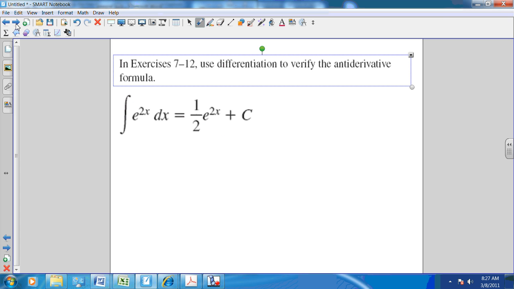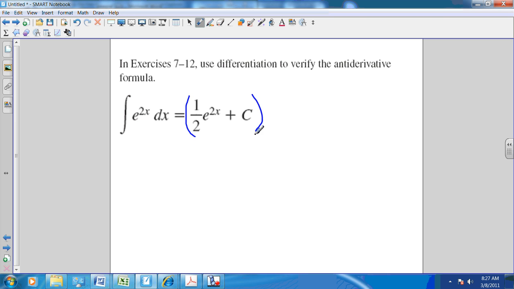Let's look at another one. Here we say, okay, we have e to the 2x, and we know that the derivative of e to the 2x would be 2e to the 2x. So we're trying to figure out what the antiderivative is that got me e to the 2x. So I'm going to, again, take the derivative of this side with respect to x this time, because that's our variable.